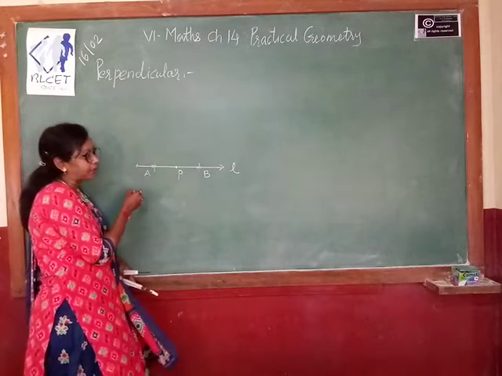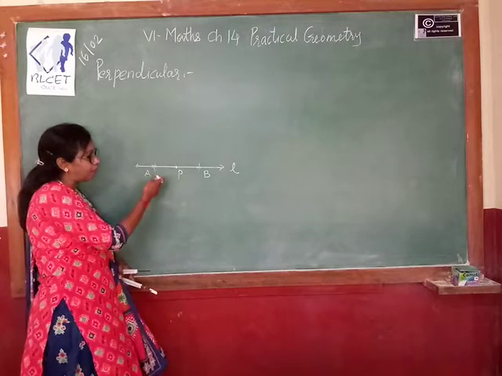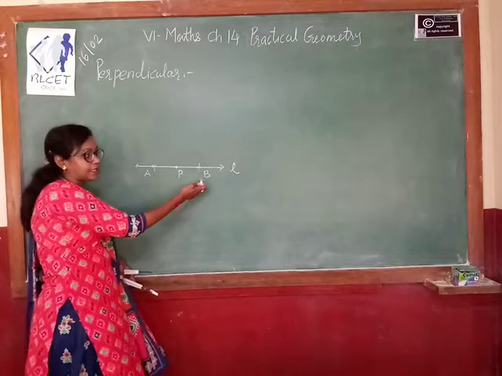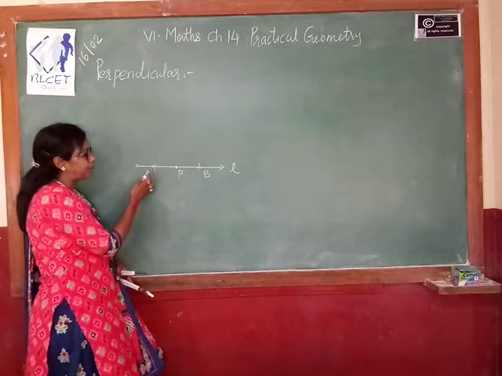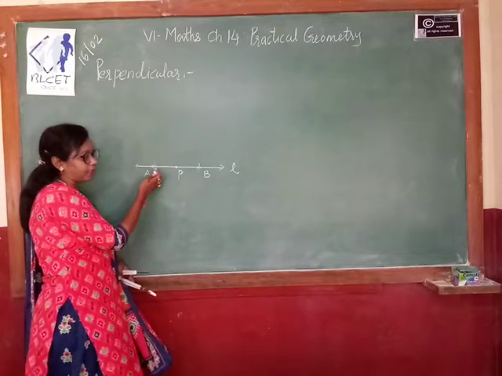Again, no need to draw the full circle or half circle. You just draw an arc which intersects the line at point A and at point B. So this AP is your radius.